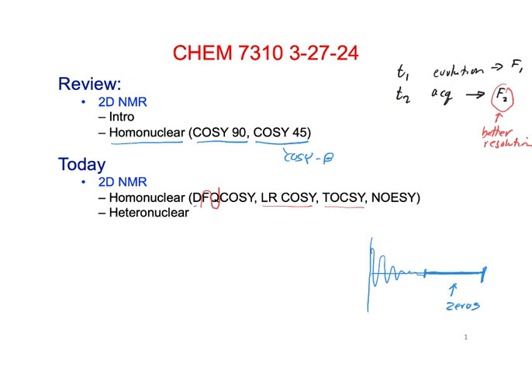TOCSY is total correlation spectroscopy, and then NOESY is an NOE variant. So that's going to show us through-space interactions rather than through-bond. And then if we get through that, we're going to start into the heteronuclear coupling experiments, showing coupling between protons and carbons.